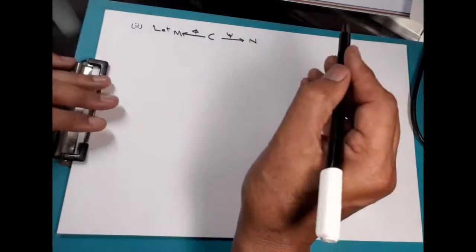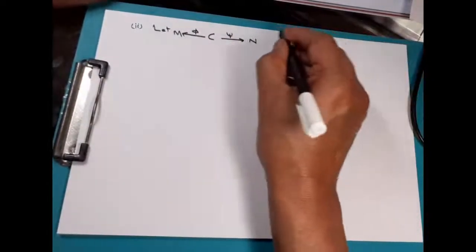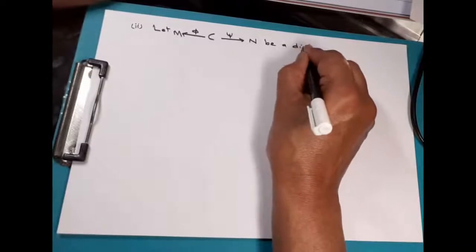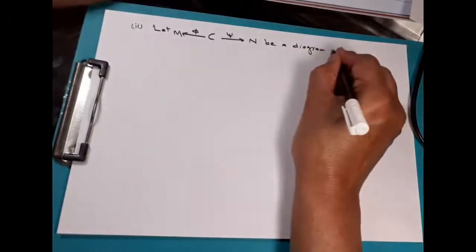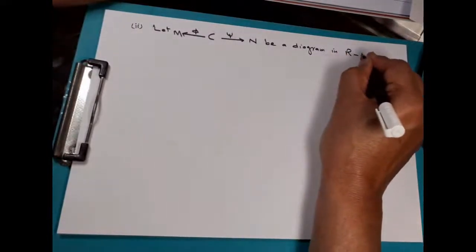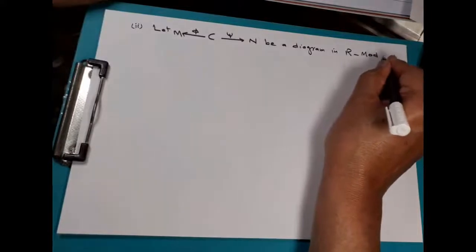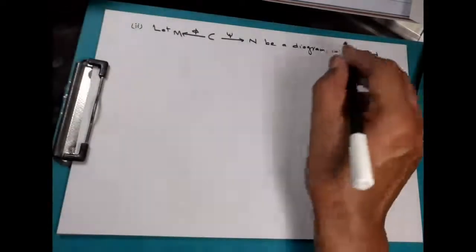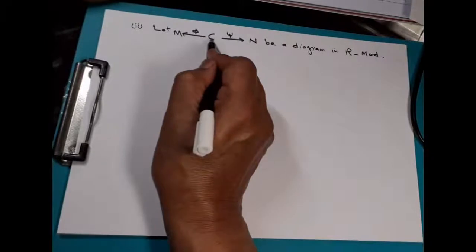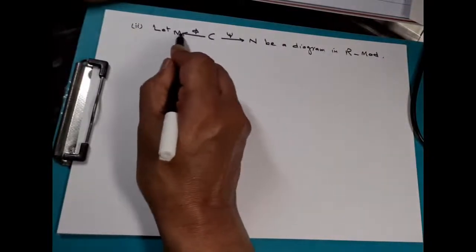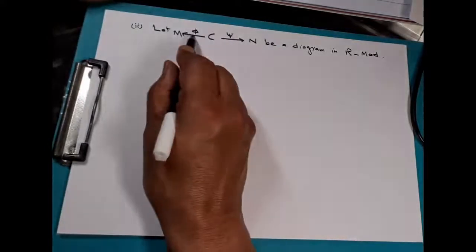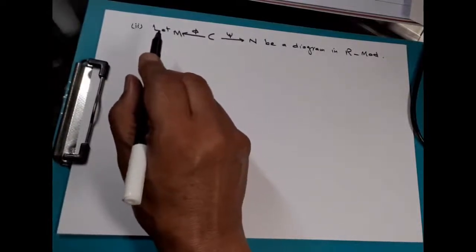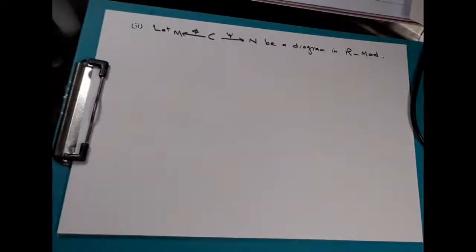So let this be a diagram in the category of left R-modules. This means that C is a left R-module and there are morphisms with domain C to M and to N. We denote these module homomorphisms by phi and psi.